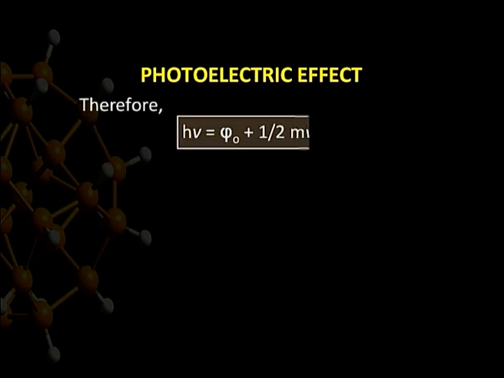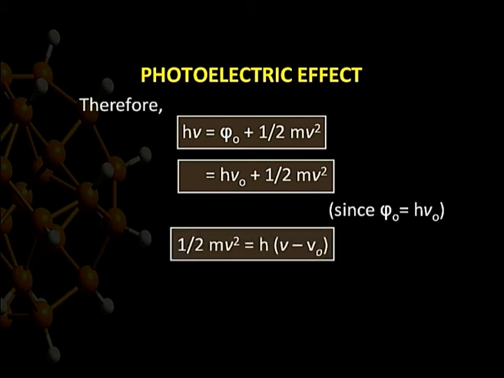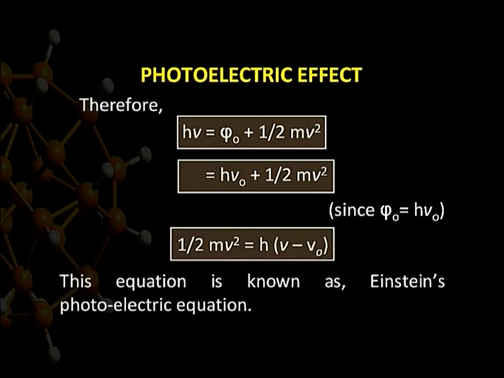Therefore, we can express this as h nu equals work function phi 0 plus half m v square, which is equal to h nu 0 plus half m v square. Since work function phi 0 is equal to h nu 0, hence half m v square is equal to h times nu minus nu 0. This equation is known as Einstein's photoelectric equation.